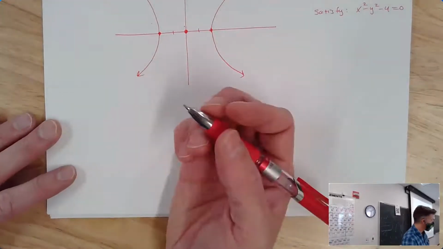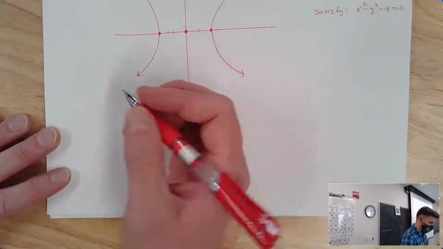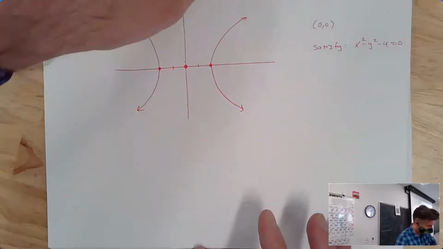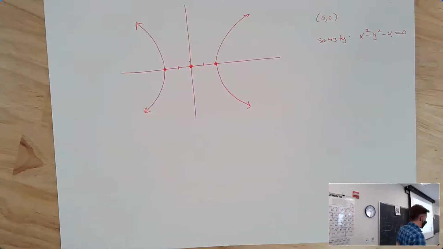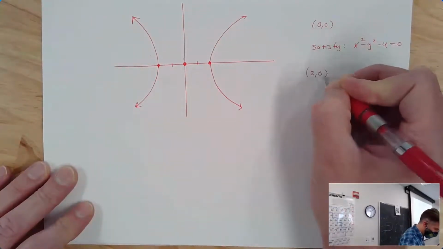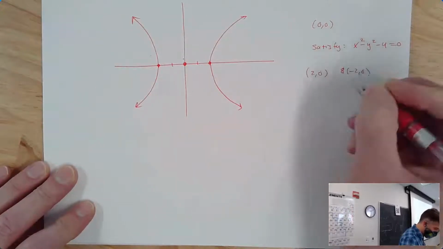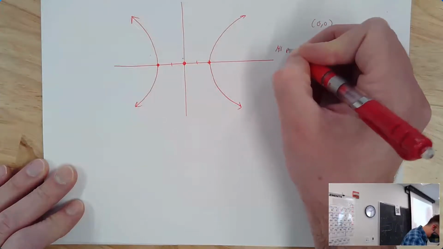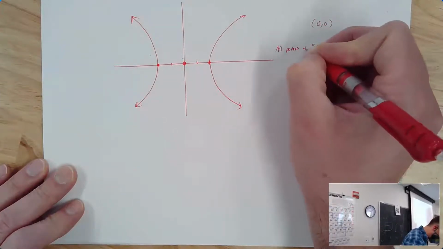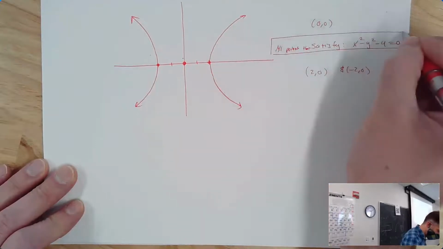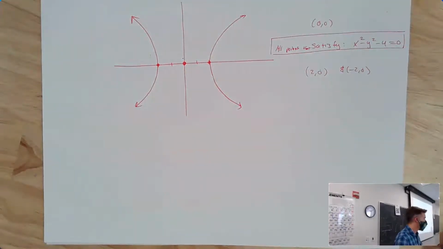Well, we can still find D in the usual way. But I will point out, if you're talking about listing the critical points for this, you really have to say something like, my critical points are 0, 0, and I guess you could write out 2, 0, and negative 2, 0 if you want. And then all points that satisfy that equation. So there's my list of critical points. There's a lot of them.